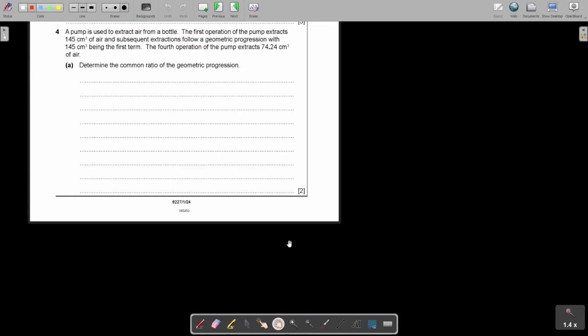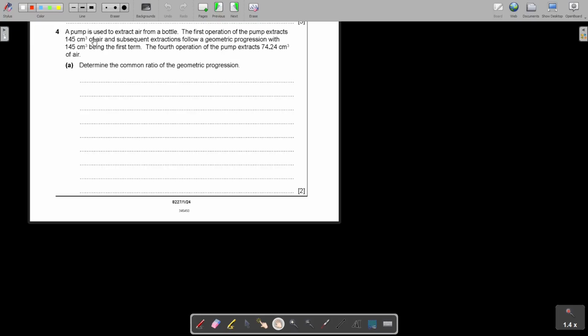Question number 4. A pump is used to extract air from a bottle. The first operation of the pump extracts 145 cubic centimeters of air, and subsequent extractions follow a geometrical progression, with 145 cubic centimeters being the first term. The fourth operation of the pump extracts 74.24 cubic centimeters of air.